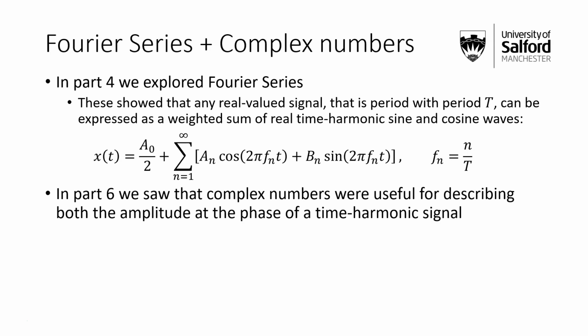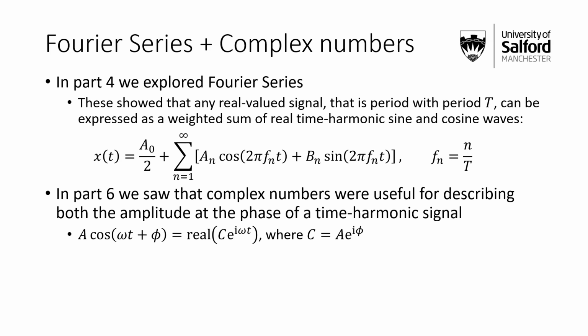But in part 6 we saw that complex numbers were useful for describing both the amplitude and the phase of a time harmonic signal. So actually you can bundle that A and that B, or the amplitude and the phase that come from them, all into one complex number instead. So if we've got amplitude A times cos(omega t plus phi), where phi is the phase, then you could say that that's the real part of some complex signal, C times e^(i omega t), where C is amplitude A times e^(i phi), which is the phase.